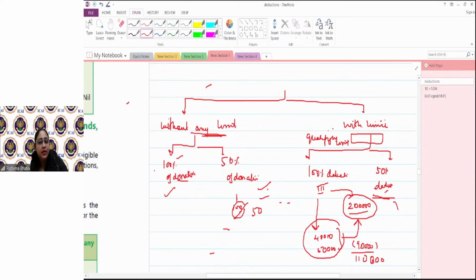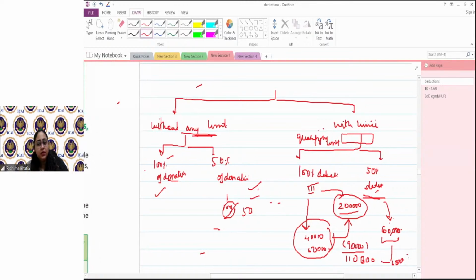So अब इस category में whatever is there, suppose इस category में the donation which is there is of 60,000. So out of 1,10,000, obviously 60,000 is the donation which is there. So 60,000 once qualified, इसको I will make 50% and then I will claim the deduction.